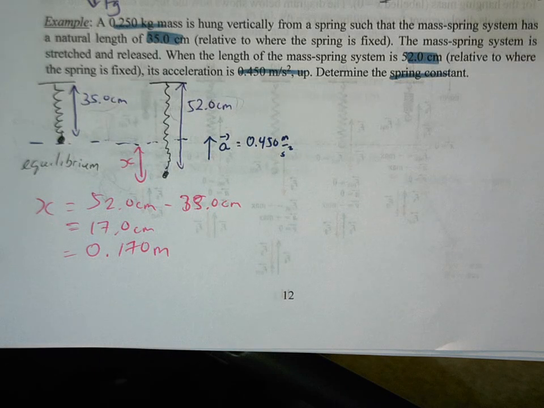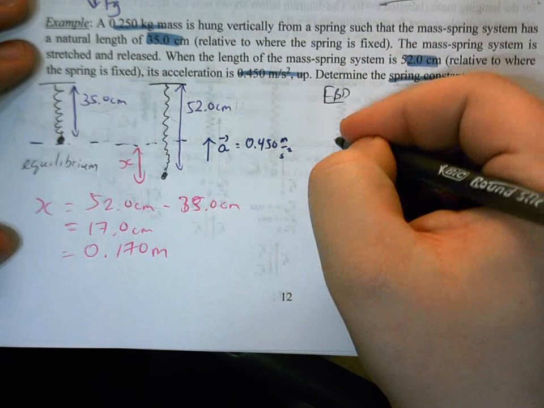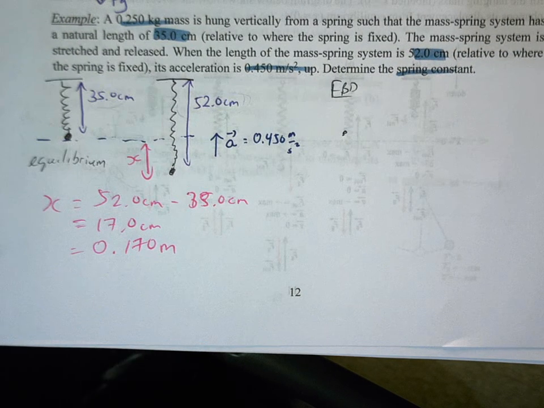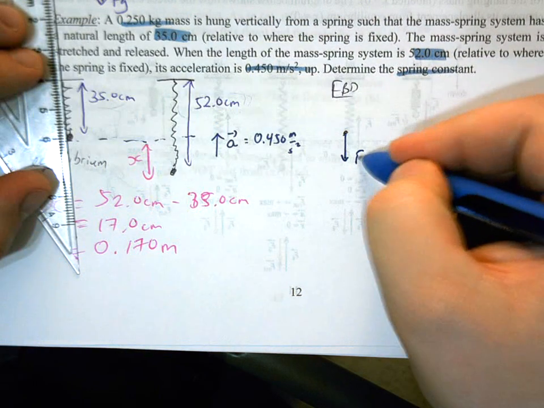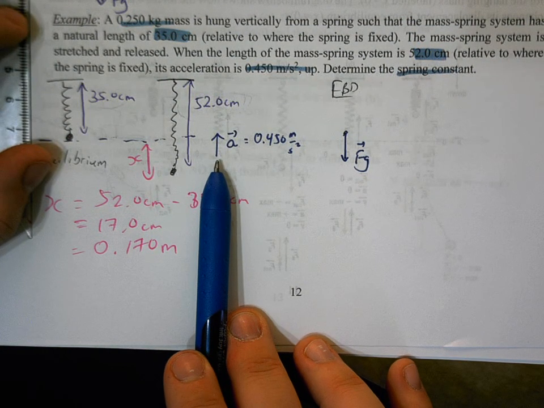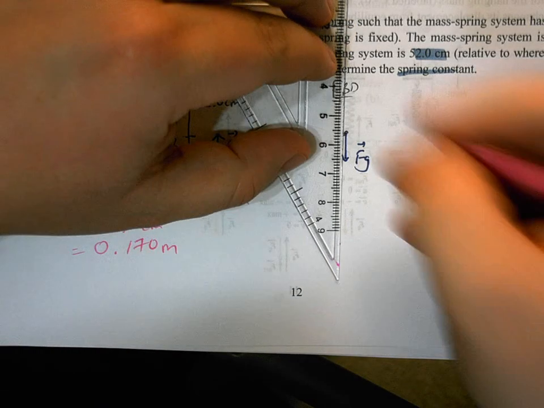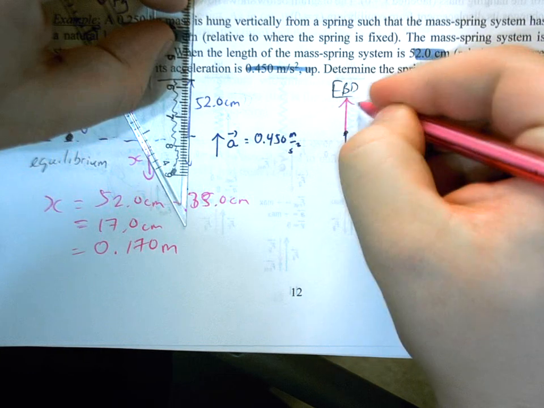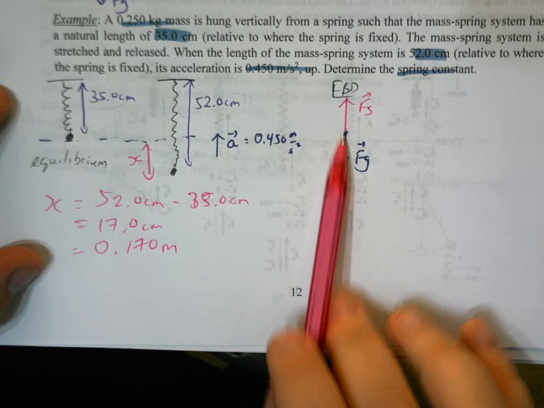Now, let's draw a free body diagram for this object. I'm going to have a force of gravity, F_G, pulling this thing down. Because this thing is accelerating up, the net force is also going to be upwards. So the force of the spring has to be greater than the force of gravity, such that our net force is going up.